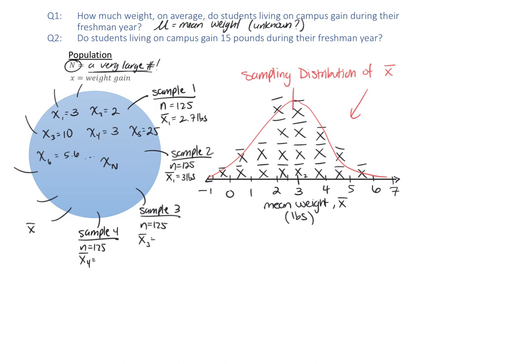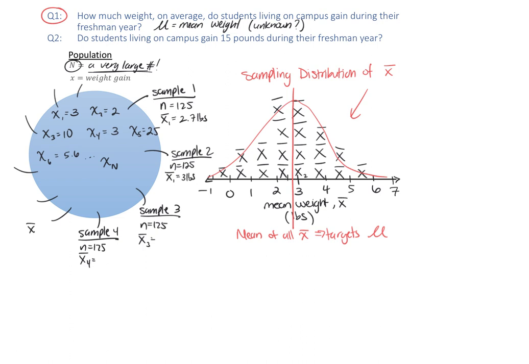We know that we can find the average of all those sample means to be at the center of this distribution. So I can say that the mean of all of these X bar values, the mean of all your sample means, targets the population mean. Remember before we said that in question one, we want to know what the average weight gain is for all freshman students.